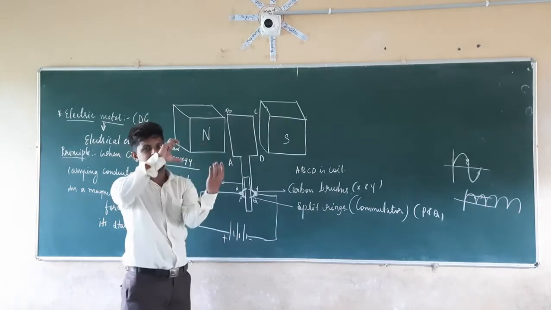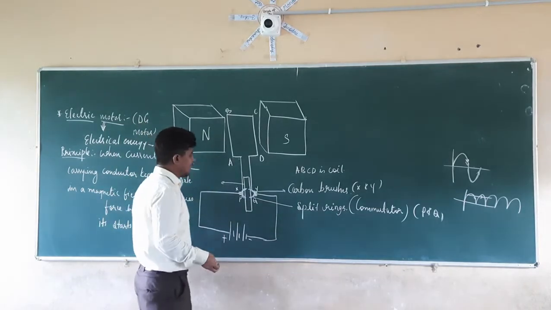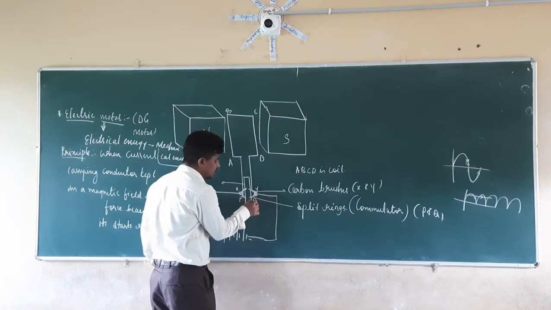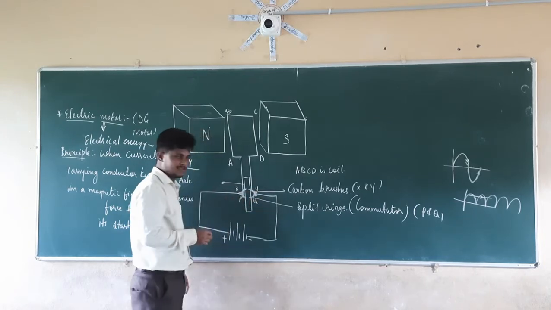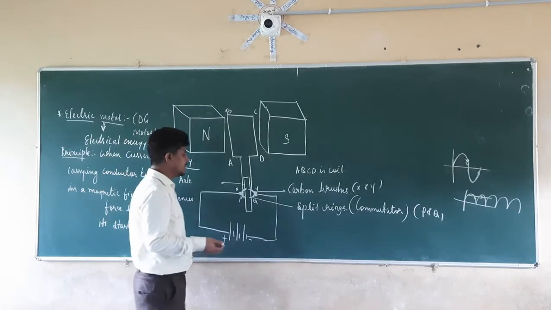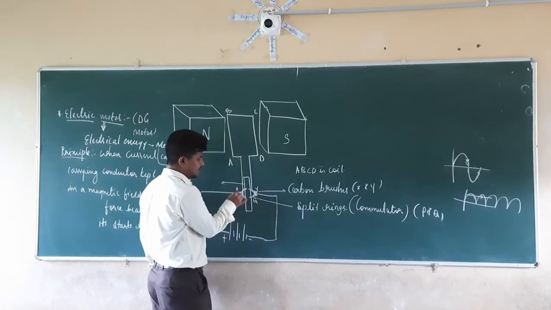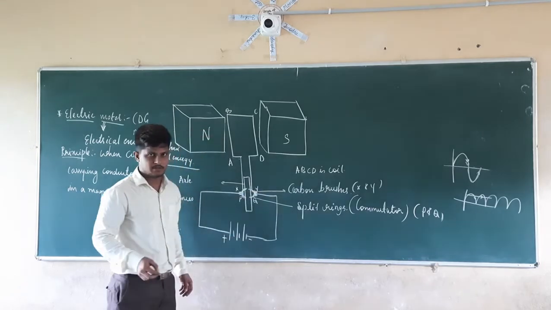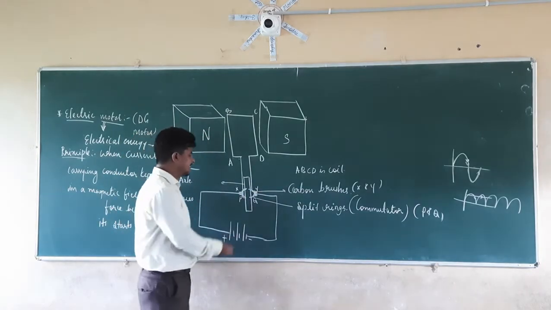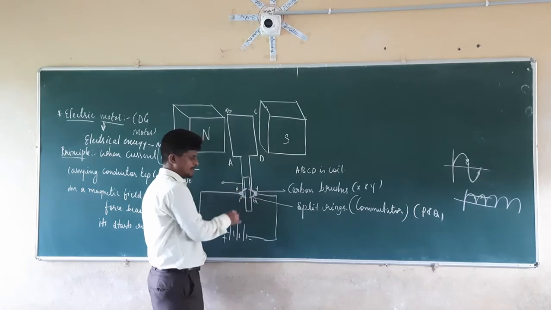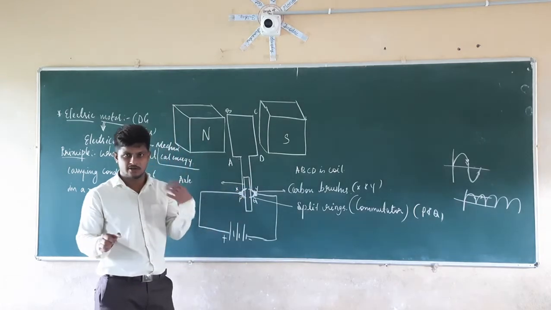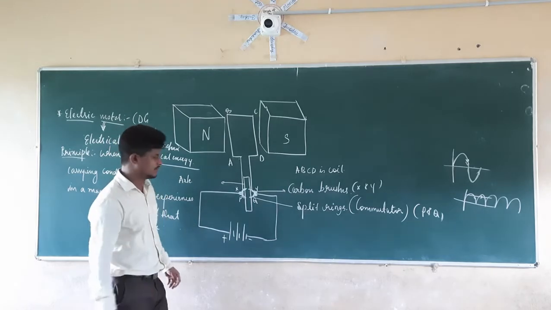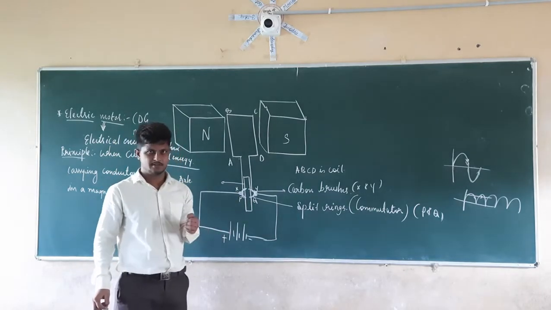After the half rotation, the P split ring is going to connect to Y and the Q split ring is going to connect to X. After completing one round, it is again going to connect to the X carbon brush, and again to the Y carbon brush. For that reason, carbon brushes are connected like this. They are in contact but not permanently connected, so that the rotation continues in these split rings.